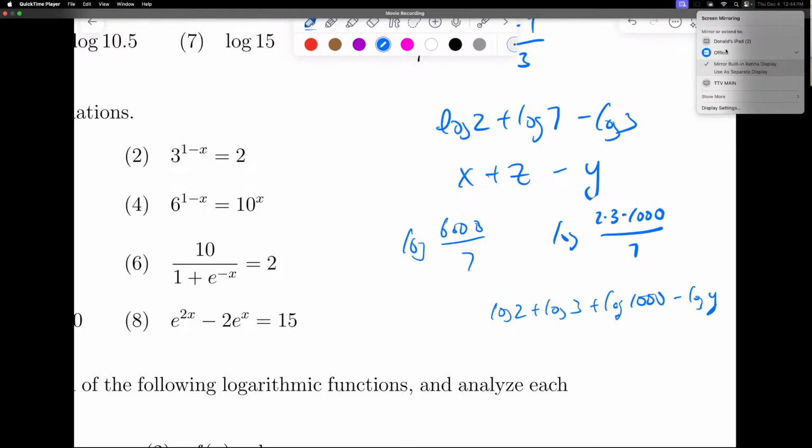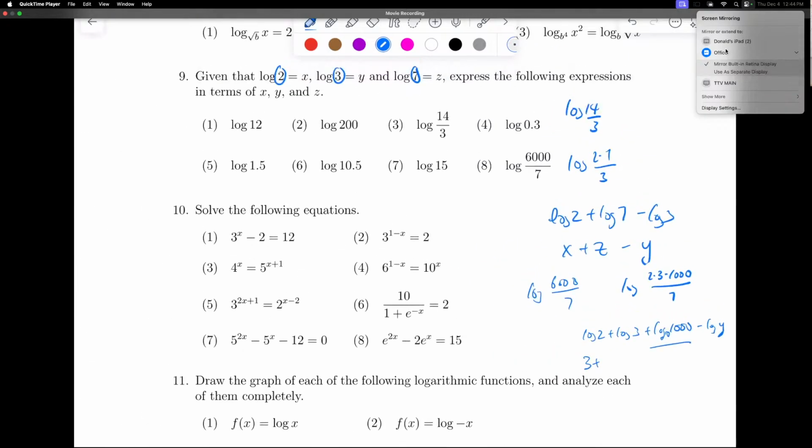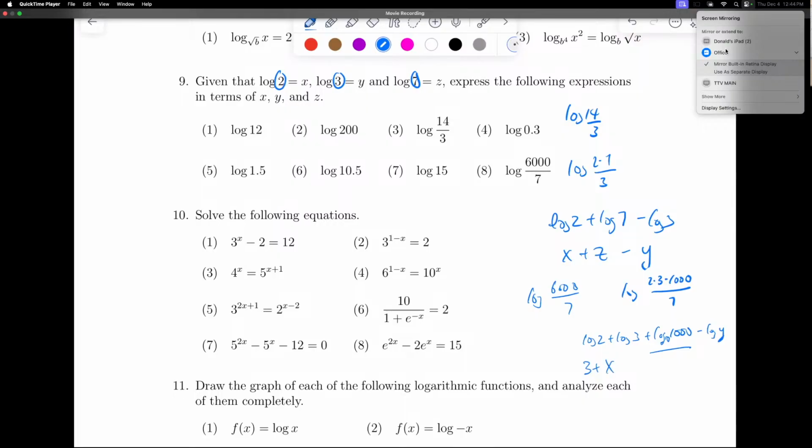Yeah, but we're gonna show you in a second. This one's actually base 10. So log of 1,000 is what? 10 to which power is 1,000? 3. So that will be 3 plus log of 2, which is x, plus log of 3, which is y, minus z. Yeah. So x plus y minus z.